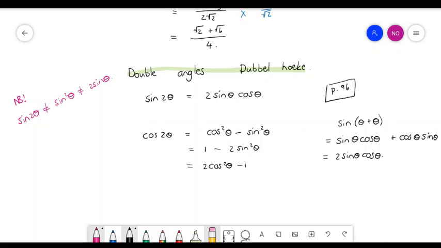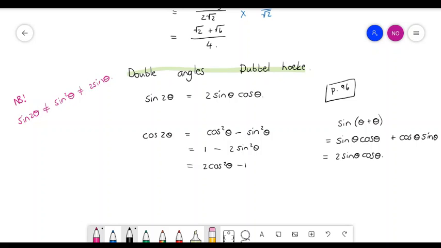As die 2 langs die theta staan, dan beteken dit ek het 2 van daai hoeke. I have 2 of those angles. If the 2 is in front, then it means I have 2 of those function of angles. It's 2 completely different things. Do not be confused by them.